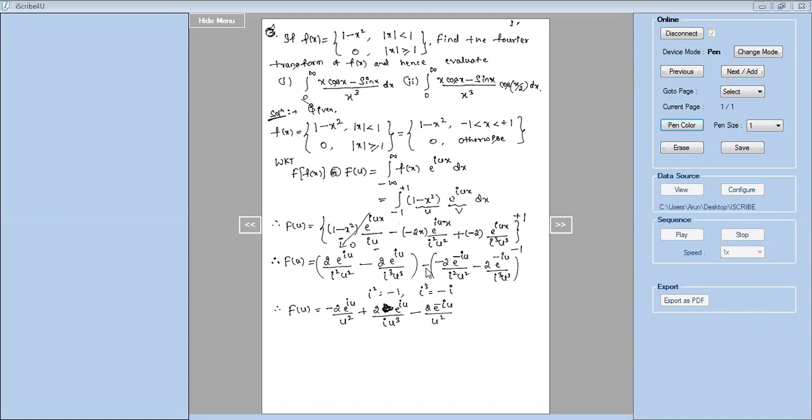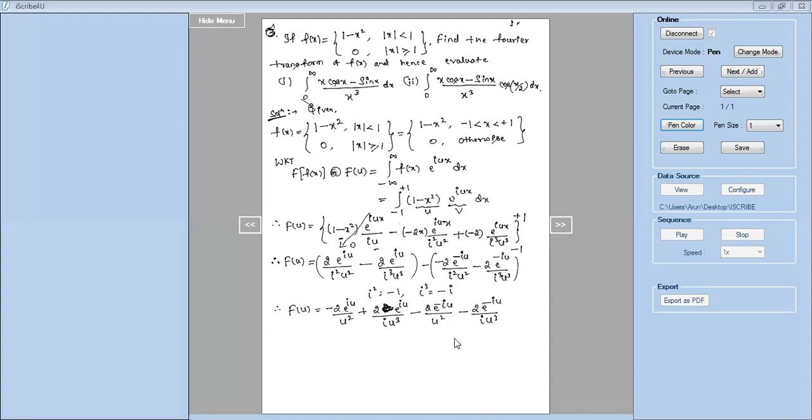And the last term, I cube is minus I, minus into this minus plus, 2 e power minus I u divided by I u cube. Right? So just use I square is minus 1, I cube is minus I in this.